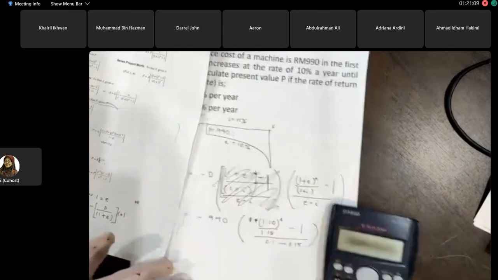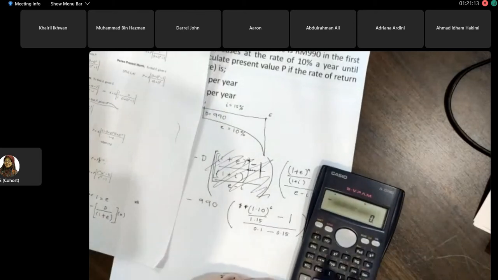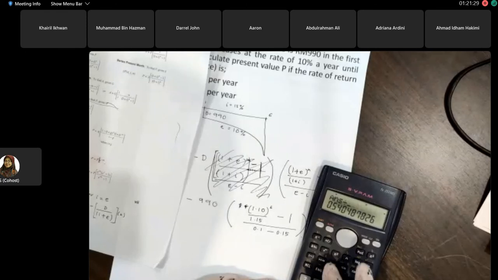Okay, tengok macam mana nak tekan dia. Okay, 1.1, then 6. Okay, you get this one, but by 1.15. Okay, what is the answer? 10 minus 1, get the answer, divide by, okay, 0.1, 0.15.